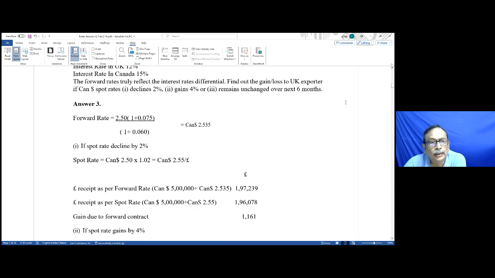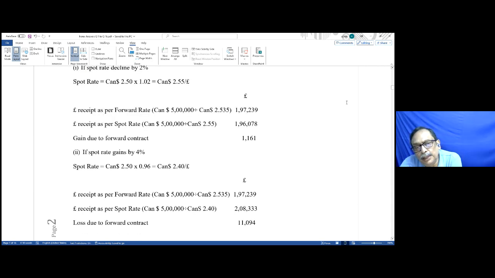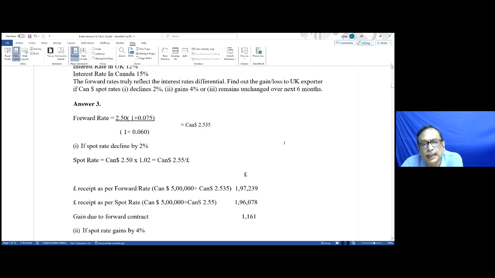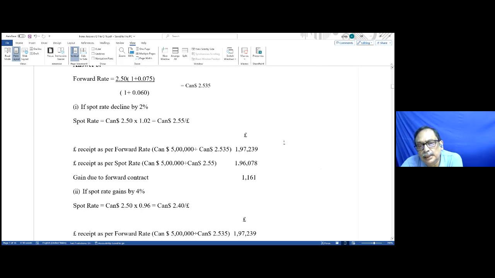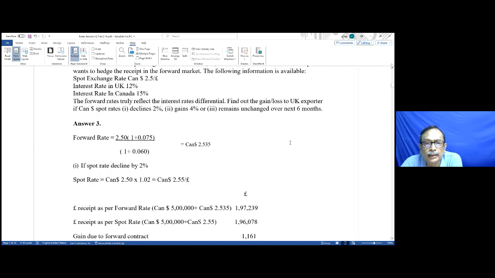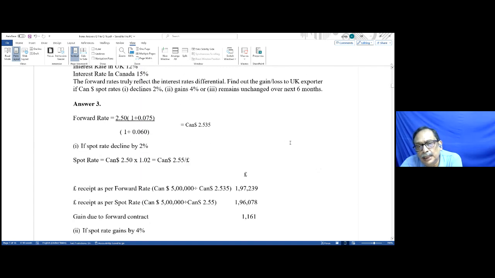Now, UK pound receipt as per forward rate, that will be Canadian dollar 5 lakhs divided by the forward rate, that is Canadian dollar 2.535. It comes to 1,97,239 pound.